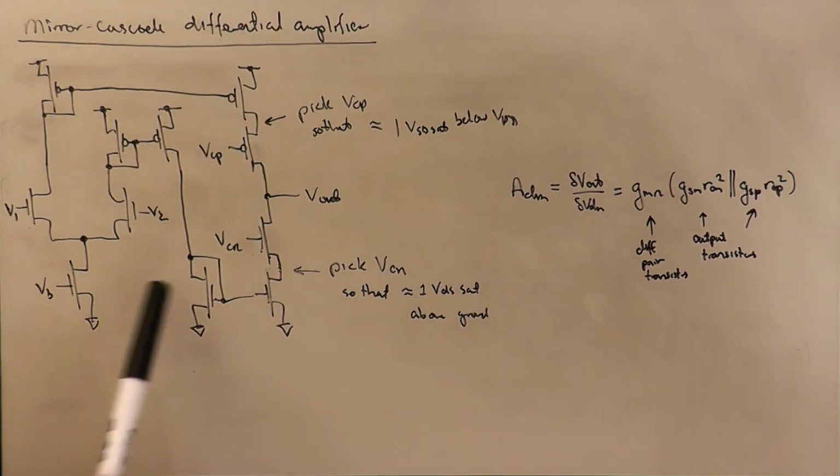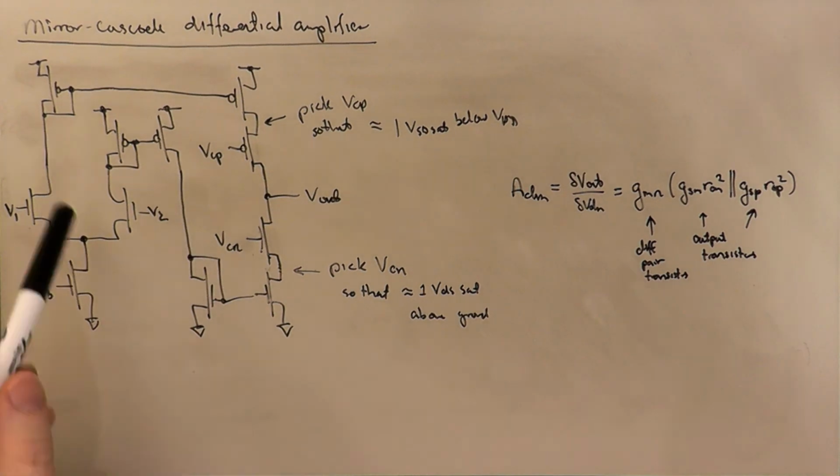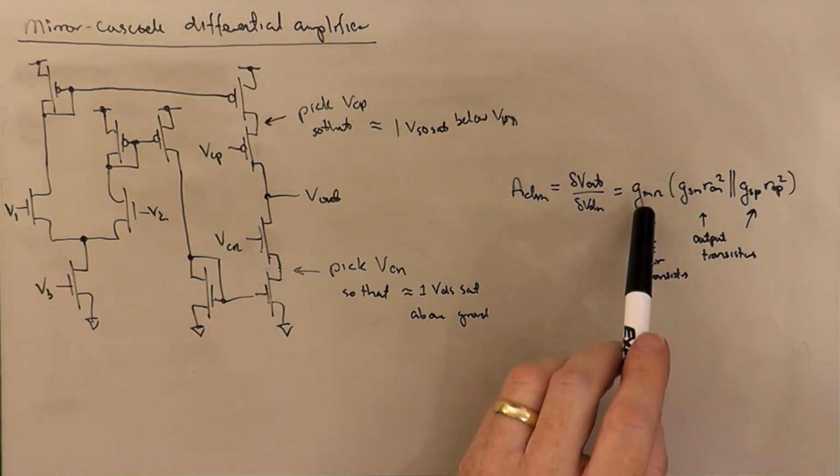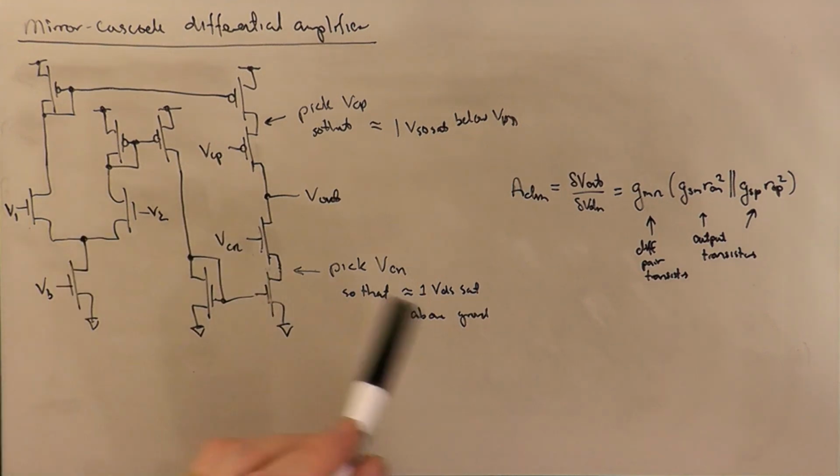Of course, if they're all basically operating at the same current levels and they are matched, then the Gm of the transistors in the different parts of the circuit will be basically the same.